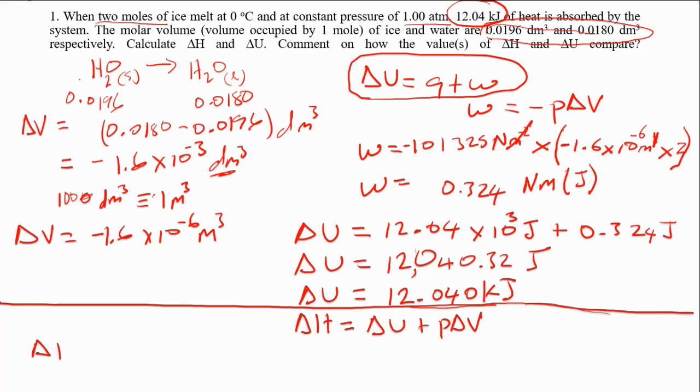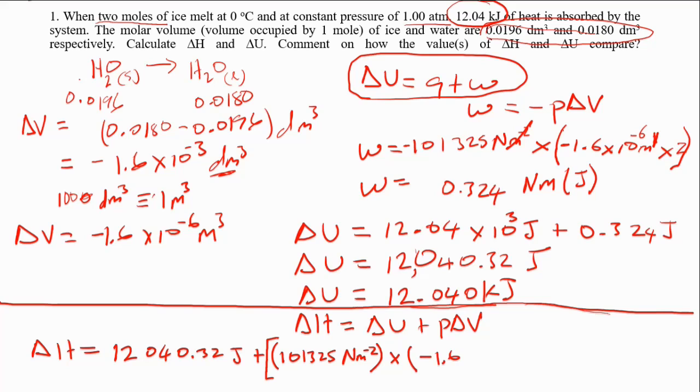So delta H is equal to the delta U value, which we calculated just now, 12.04, let me just write out the whole thing, seeing that I have space now, 0.32 joules, plus the pressure, which is 101,325 newtons per square meter, times, I'm going to put a little square bracket here, the volume change, which is minus 1.6 times 10 to the minus 6 meters cubed, times 2.